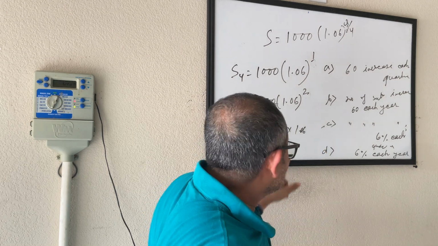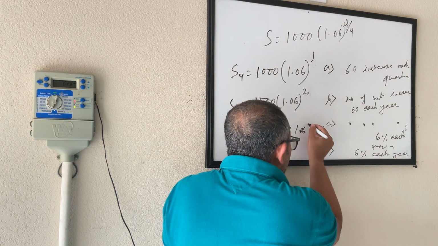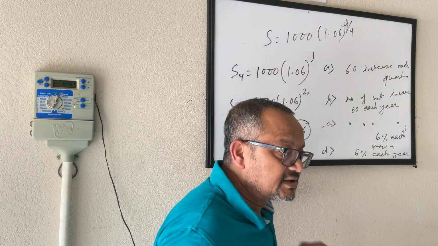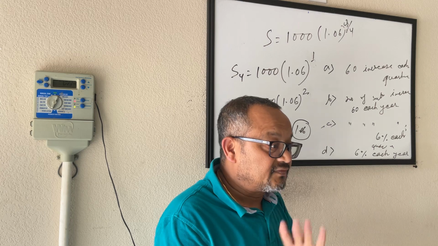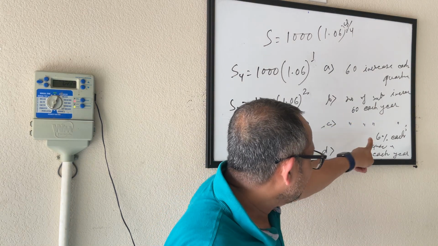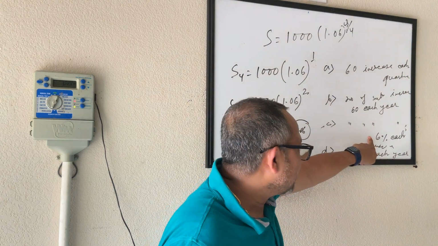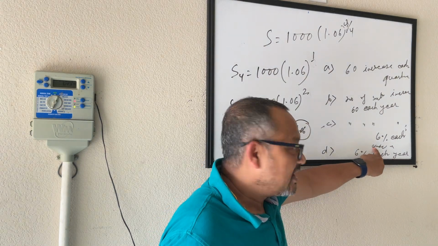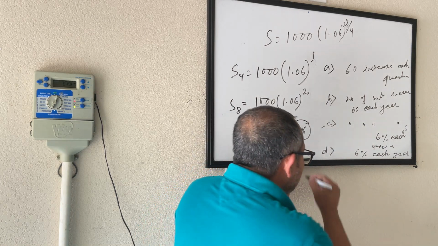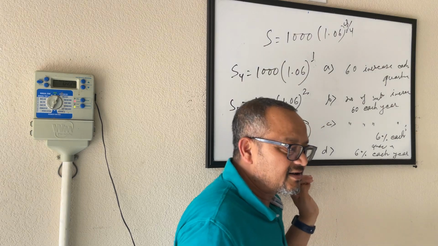So after every 4 quarters, it is becoming 1.06, or increasing by 6%. What we heard was 6% each quarter year. But what we are seeing here is that it's increasing by 6% each year, not each quarter year.